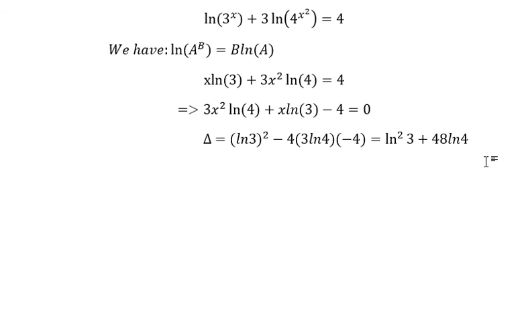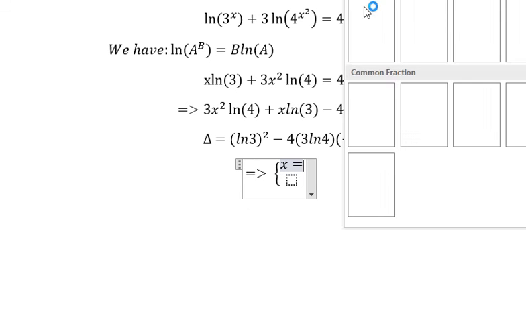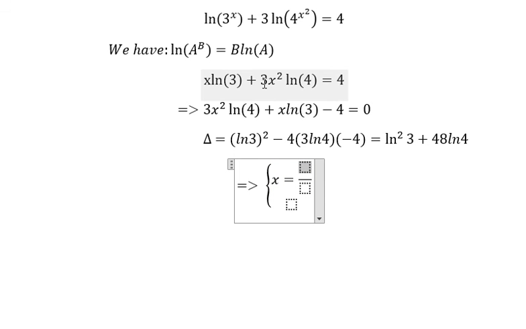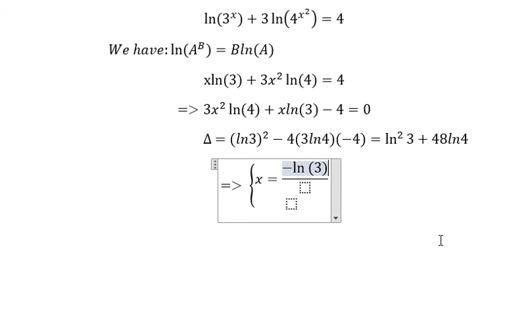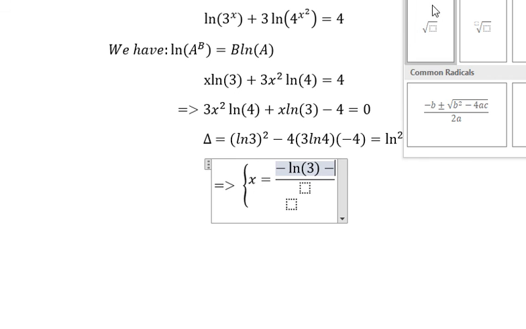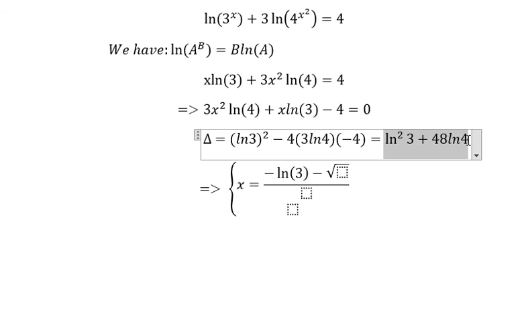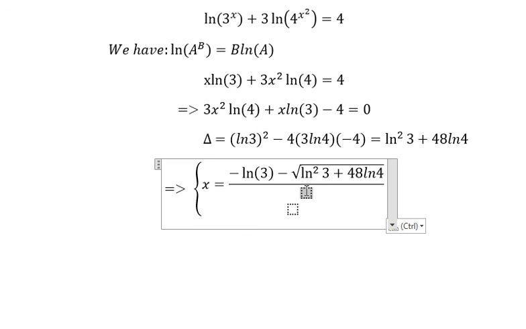And now we can find the solution of s. That's negative 3 ln 4, or negative ln 3, and we have the negative, the square root of this one, divided by 2 multiplied by 3 ln 4, which is 6 ln 4.